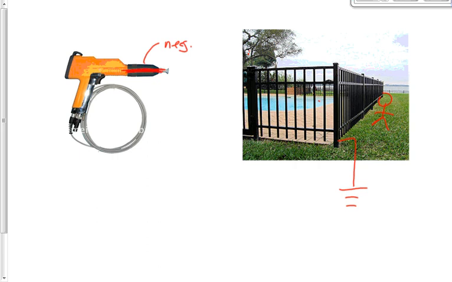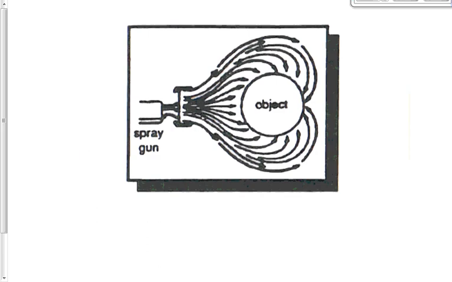They don't diffuse through the air like paint normally would, right? They get attracted to the steel that's attached to the ground. So almost all of the paint particles will do this, right? Even the ones that are missing it, what happens? They get pulled back around and paint the back side of it.